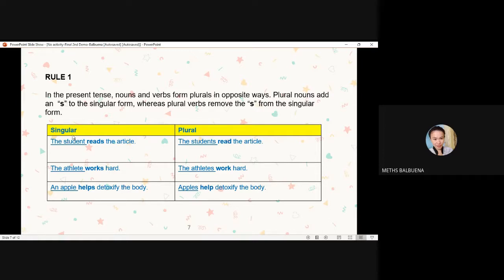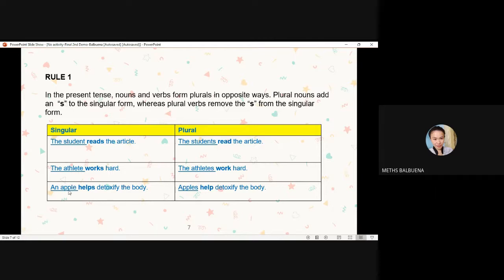Here in singular, "The student reads the article," and plural, "The students read the article." So here the student reads the article, so there is an S, and here there is no S. Here, "The athlete works hard" in singular, and "The athletes work hard," so there is no S in here, and there is an S here, since this is plural.